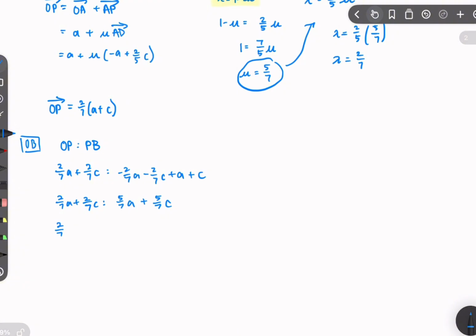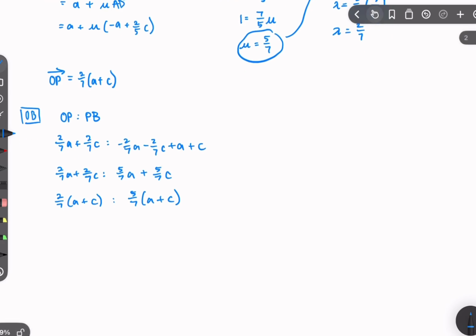Okay, I'm going to take out the factor. And then we can cancel 1 over 7 and the bracket A plus C. So the ratio will be 2 to 5.